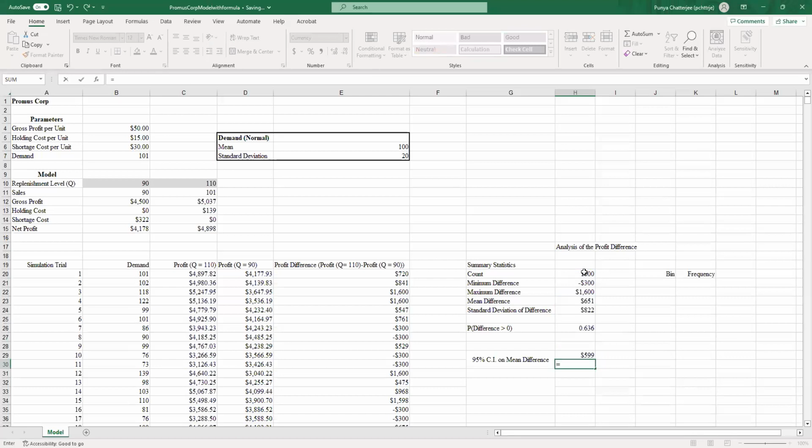And then the size, which is how many simulations you're doing, or the sample size, which is 1000. That's your lower bound, and your upper bound is going to be, again, the mean difference plus confidence.t, alpha 0.05, then standard deviation, then the size.